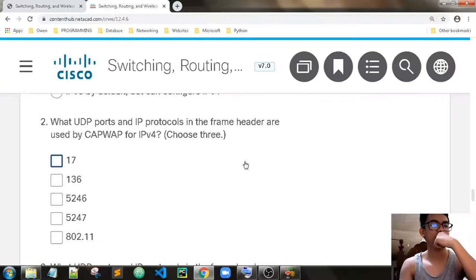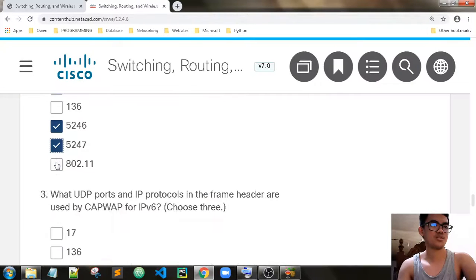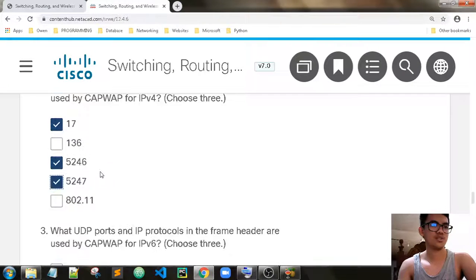For IP protocols, I think the answer would be 17 and then 136 for IPv6. I'm not sure if 5246 and 5247 are IP protocols or UDP ports. I think this one is the IP protocol, and then 136 for IPv6.